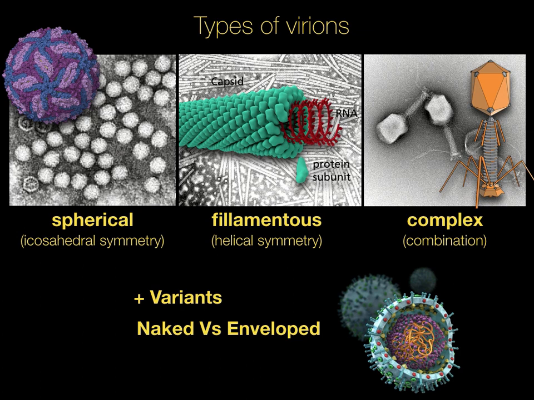This is called a Geminivirus, and this is basically two spherical capsids put together. And then we also find viruses that are enveloped. They have a membrane around them. We call them naked when they don't have this envelope.